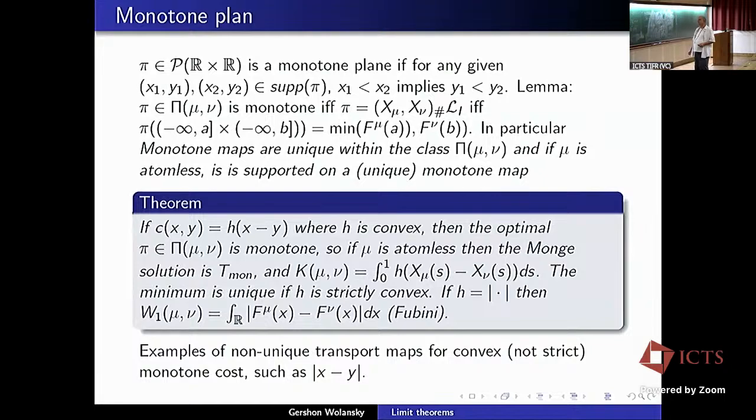And the optimal transport corresponding to this is not unique, because we can easily see that it doesn't matter: any mapping which is monotone will give you the same distance.